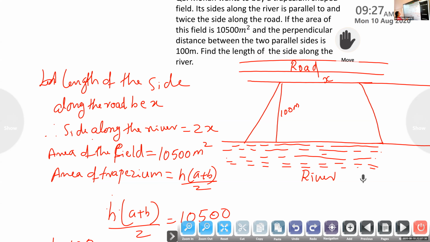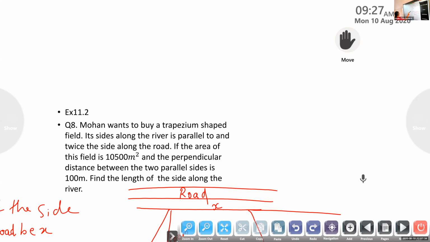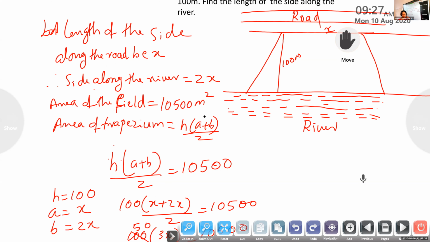Now the area of the field is given as 10,500 meter square. But we know the formula for finding the area of the trapezium is h into a plus b by 2. So h into a plus b by 2 equal to 10,500. H is given, the distance between the parallel sides, equal to 100.